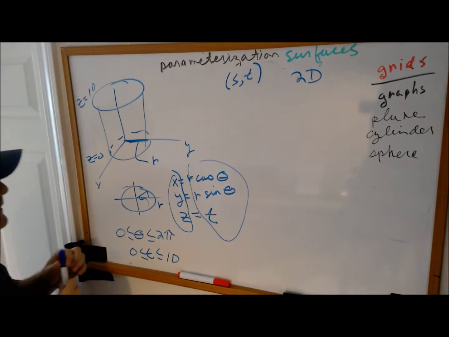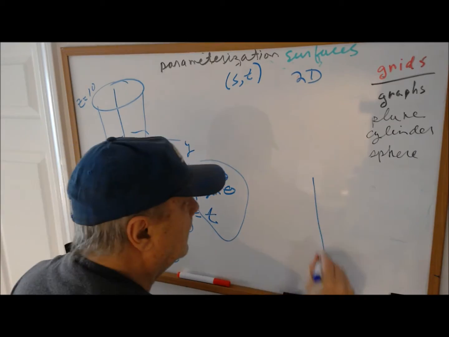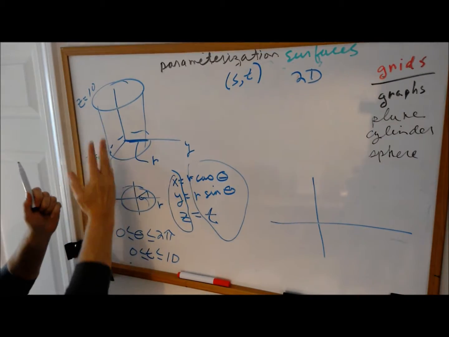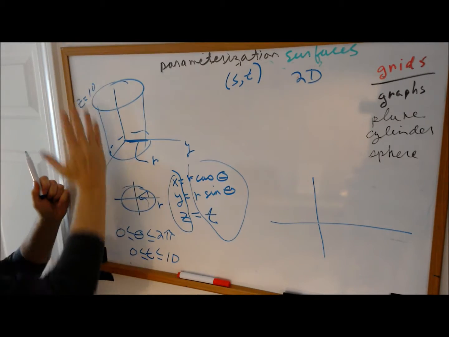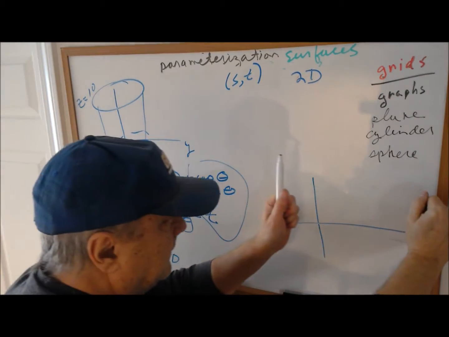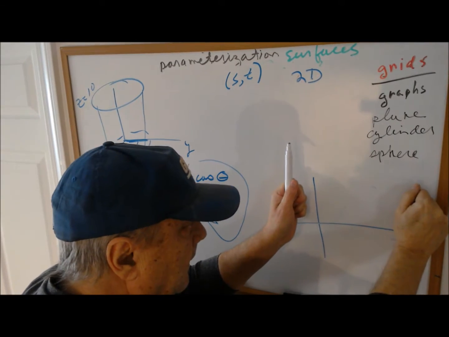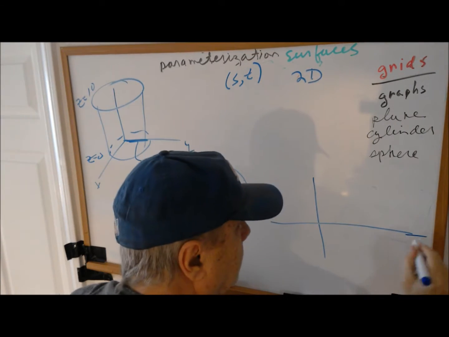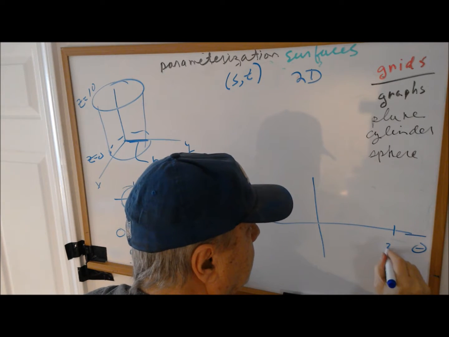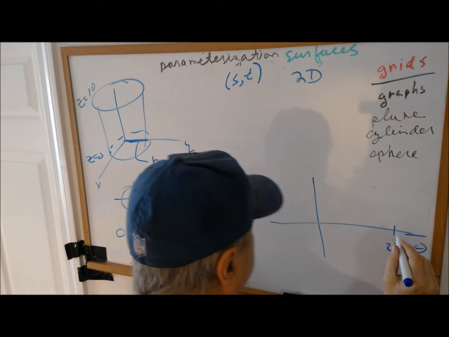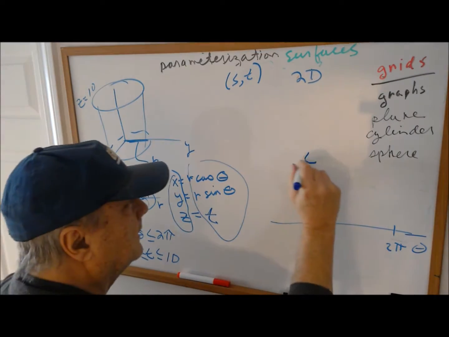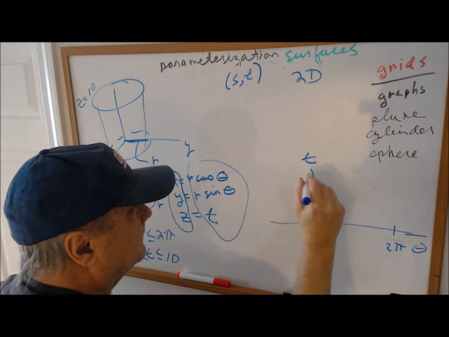You can think of a cylinder as maybe it's made out of paper, and if you just cut it vertically and unwrap it, stretch it out and put it over here somehow, and here's, say, theta, which goes from 0 to 2 pi, and the other guy is t, and that goes from 0 to 10.